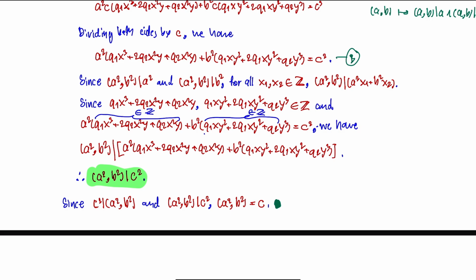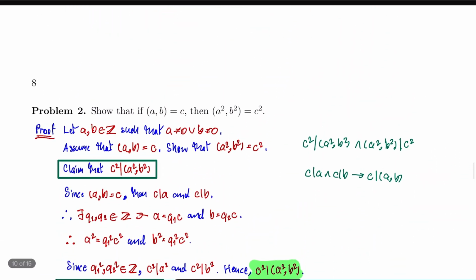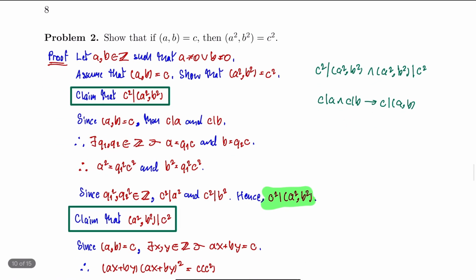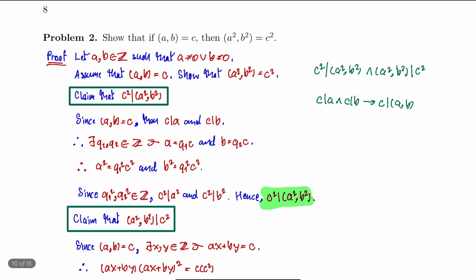That's it. So we have shown that if the greatest common divisor of a and b is c, then the greatest common divisor of a squared and b squared equals c squared. Okay, and that's it for this video.